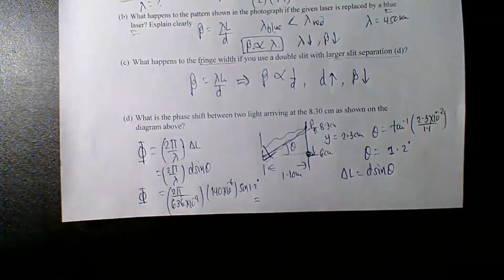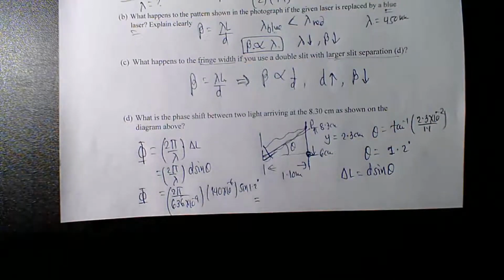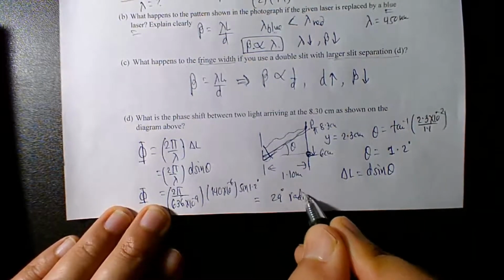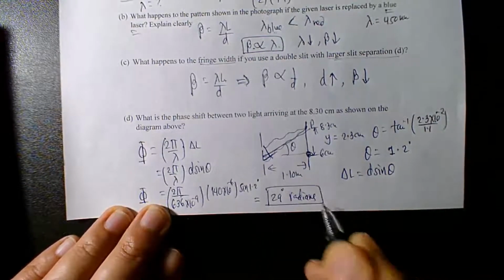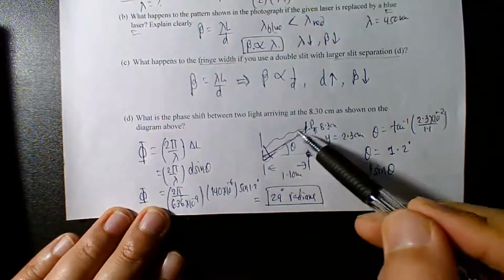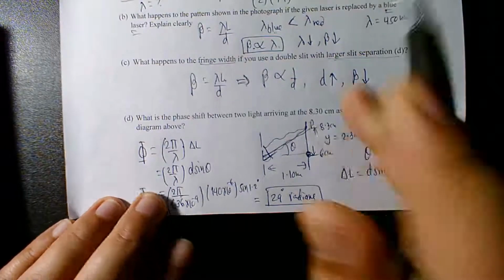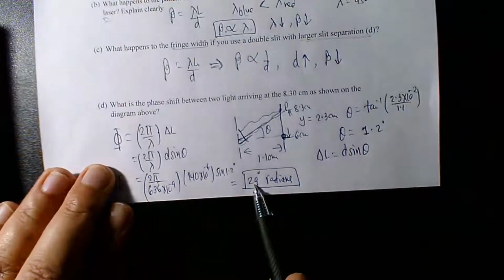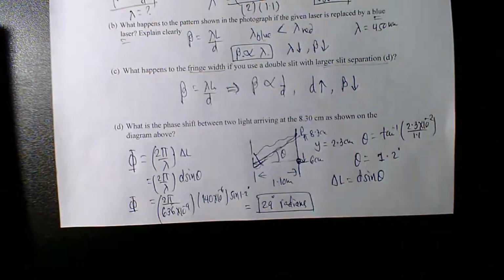So 140 micron times sine of 1.2 degree times 2 pi divided by 636 nanometer gives 28.9, so about 29 radians is the answer. That means the two light waves reaching 8.3 centimeter position right here will have a phase difference of 29 radians.